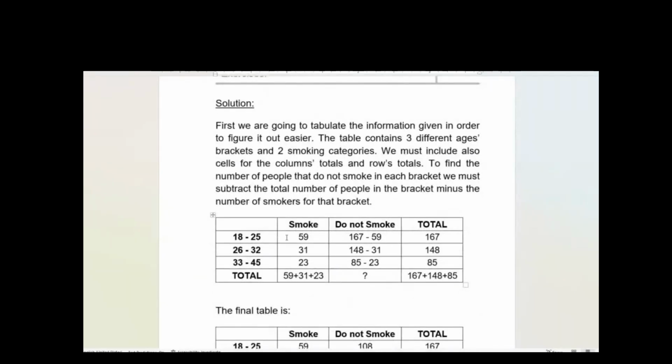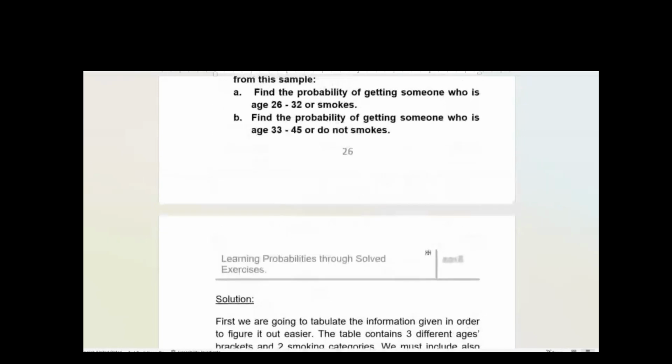So we have from 18 to 25, 59 that smoke. We have then 167 minus 59 that don't smoke. We have 31 that smoke. We have 148 minus 31 that don't smoke, because we have in total 148 people in that bracket.